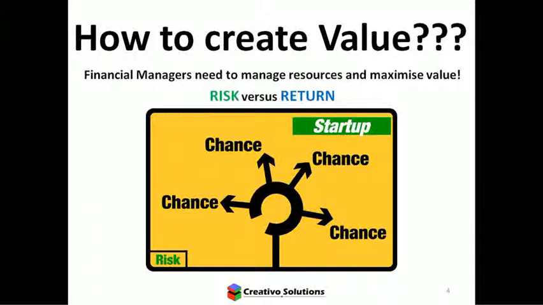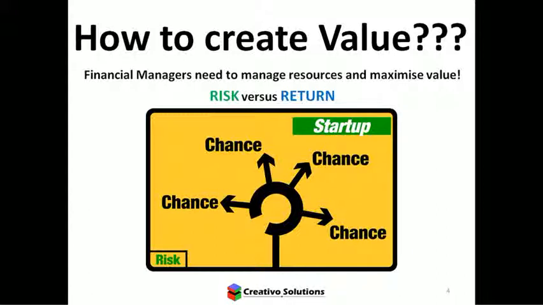All business decisions are going to have a certain amount of risk and potential return, and there'll be many different options to consider. There could be different projects, different investments, different products or services that we could offer, and all of them carry a certain amount of risk and all of them will offer a certain amount of return.